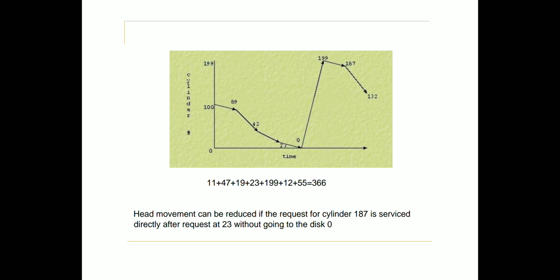Head movement can be reduced if the request for cylinder 187 is serviced directly after the request at 23, without going to disk 0. So in circular scan not every end point needs to be reached, whereas in the SCAN algorithm the end point must be reached and after that it comes back outwards.